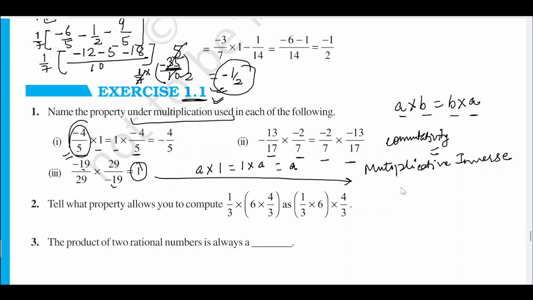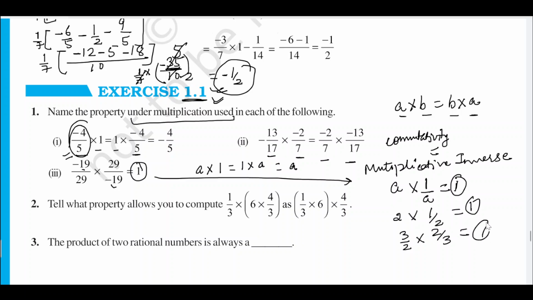That is, any rational number when it is multiplied by the reciprocal of that rational number, we get 1. Suppose 2 into 1 by 2 is 1. 3 by 2 into 2 by 3, 3 and 2 will cancel out, we get 1.